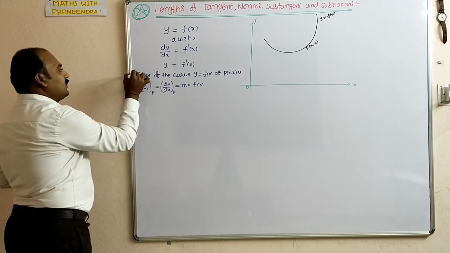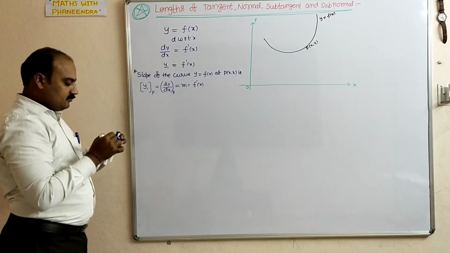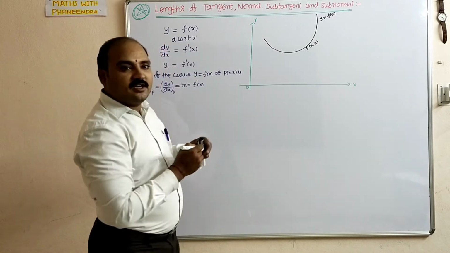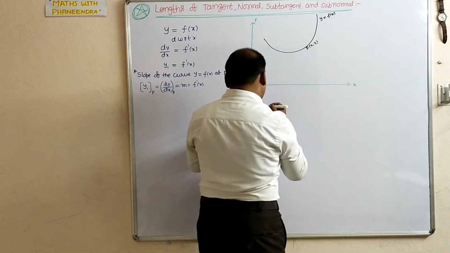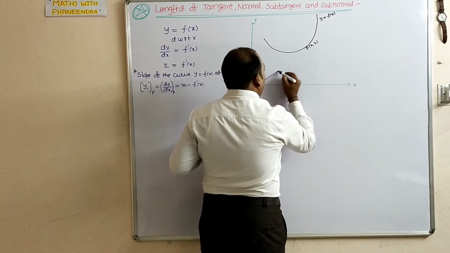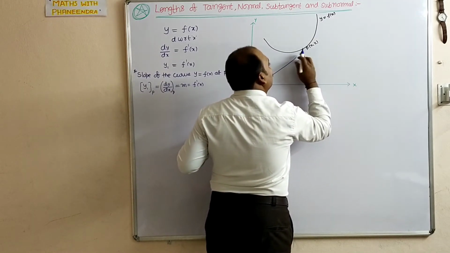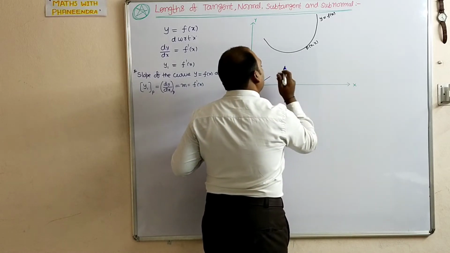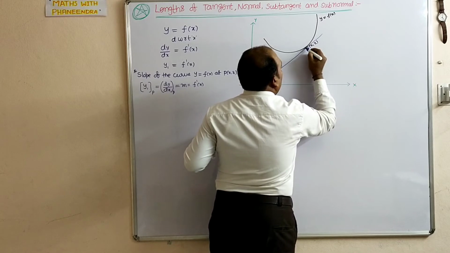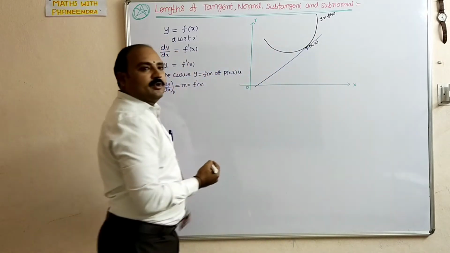After calculating the slope of the curve, see here tangent equation. To get the length of tangent, we need to draw the tangent equation. Observe carefully. This is the tangent equation.